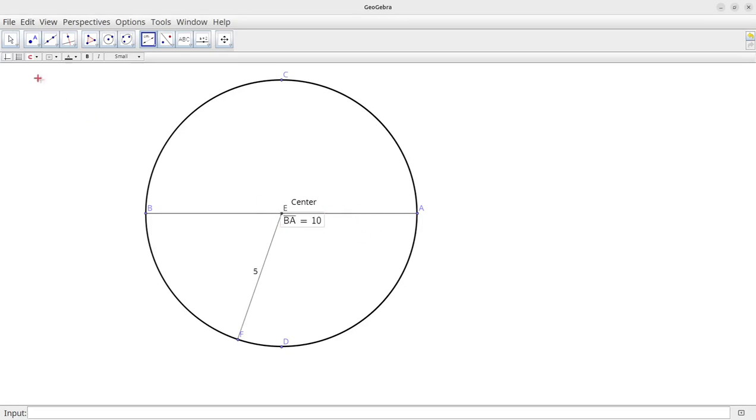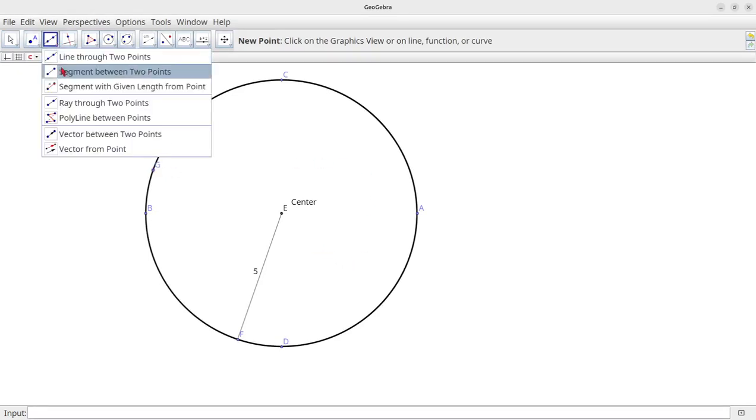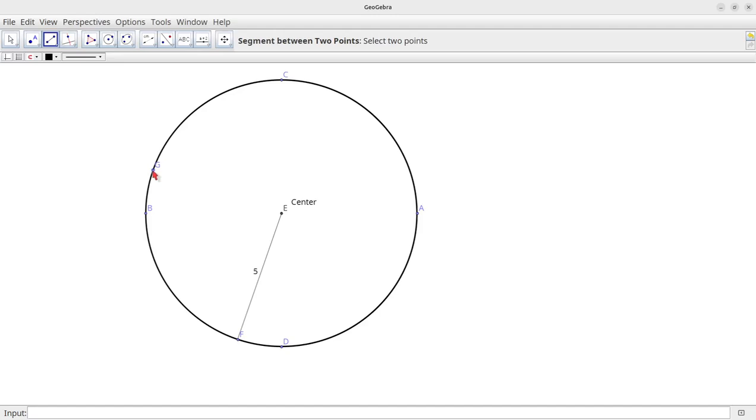Check its distance here. What if I decide to move it? Unfortunately, I can't. Let me try this. Nice one.